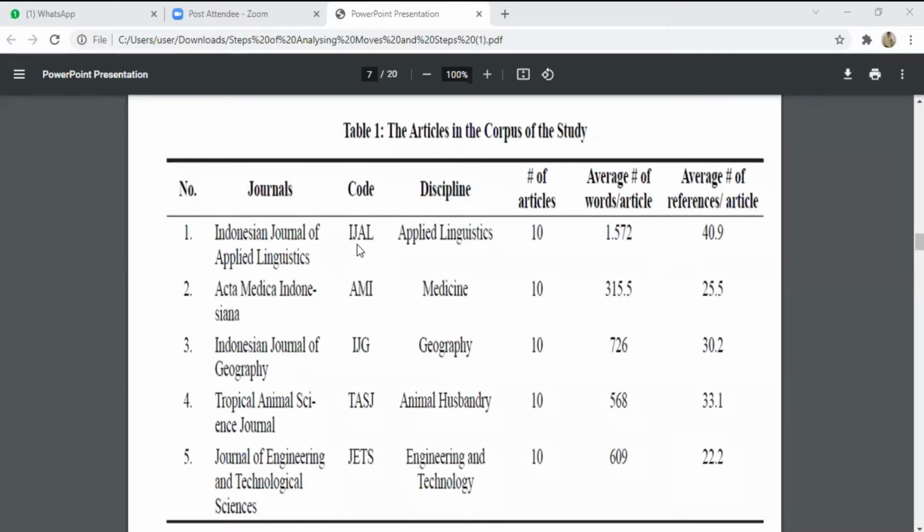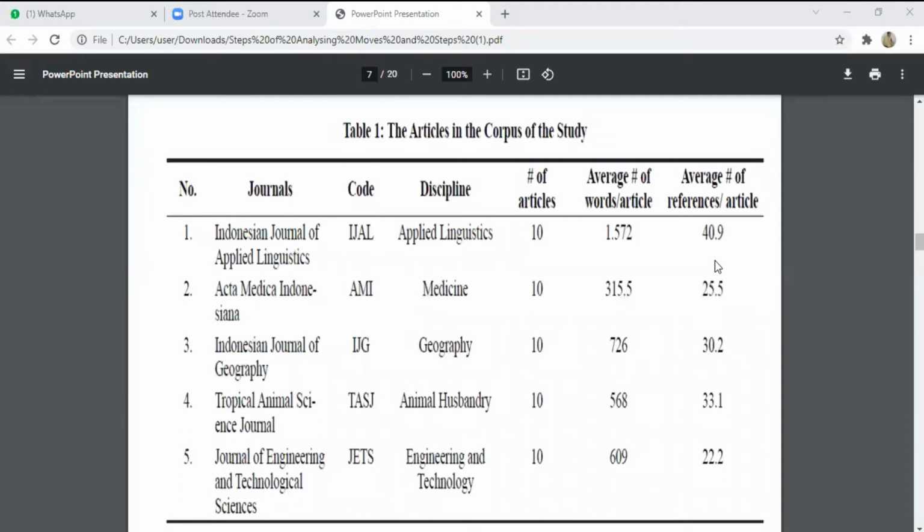Applied linguistics has the most references cited in the article, 40. While in medicine, 25, in geography, 30, in tropical animal husbandry, 33, and in journal engineering and technology, only 22.